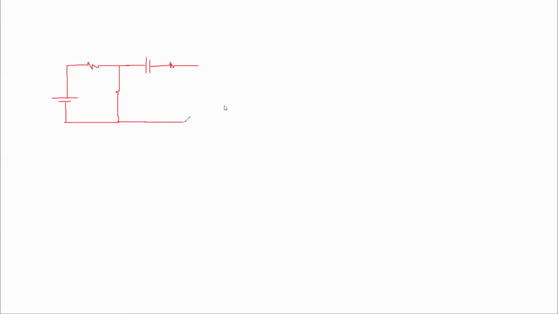I'm gonna give those some values here, 4 ohm. And this resistance is a 12 ohm. This is an 8-volt source. And this is a 32-volt source. And this is a 5 ohm resistance. Okay, so this is one circuit.